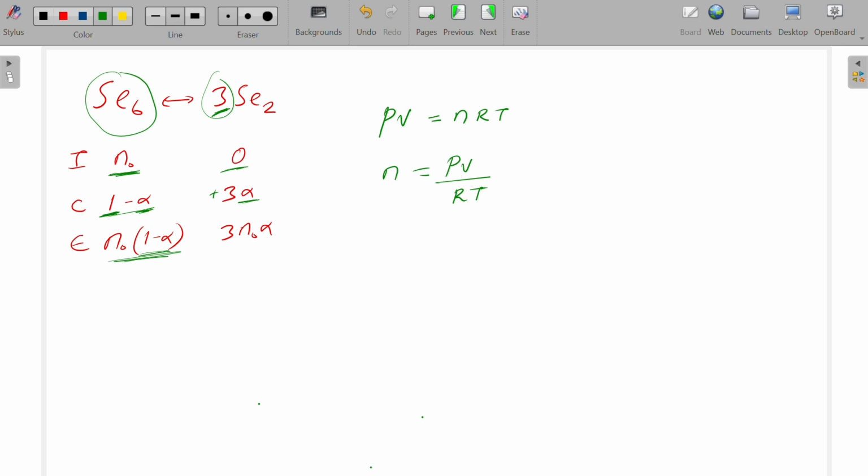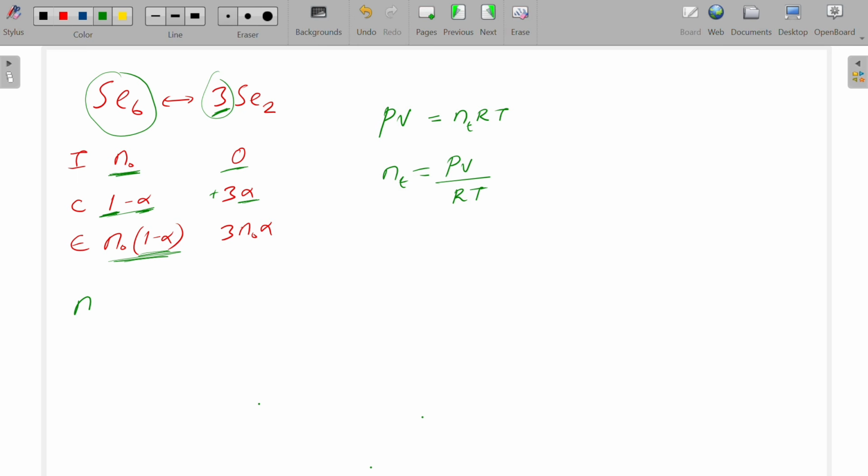This n here is going to be calculated from the equilibrium, so we're going to find the total number of moles. This n we have here is the total number of moles, so let's call it NT.